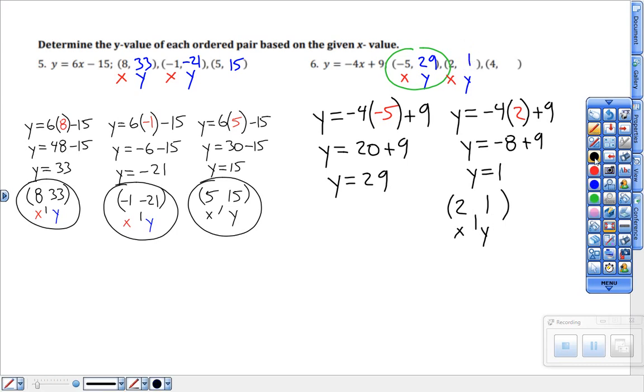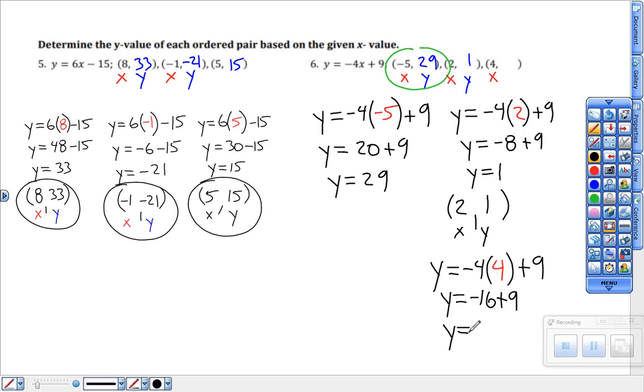And then the last one, if I plug in 4 for x, I have y equals -4, and where that x is, I plug in 4. That gives me -16 plus 9. -16 plus 9, find the difference of the two, keep the sign of the bigger number.